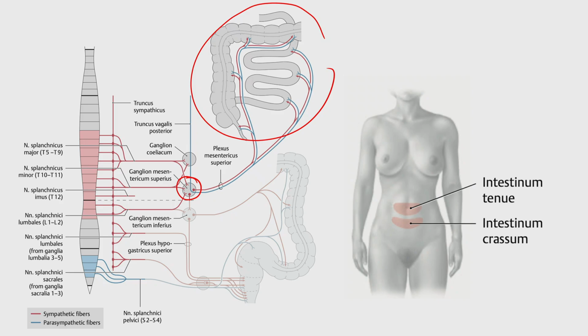Also here the name nerve means that this is a way of distribution of a sympatheticus. We have a major, minor, and least. They are supplying from superior mesenteric ganglion the gut in territory of superior mesenteric artery. The inferior mesenteric ganglion then is supplying the territory of inferior mesenteric artery.